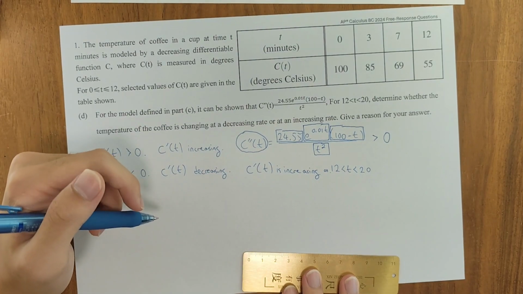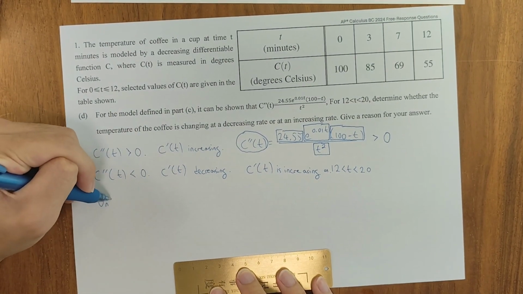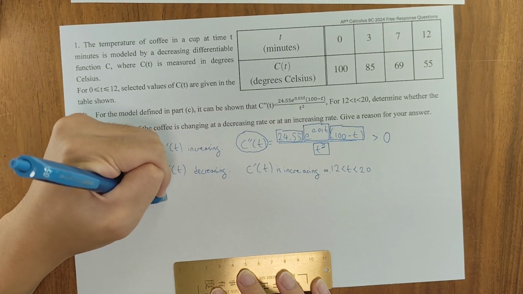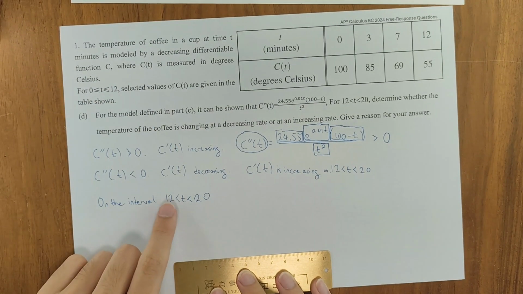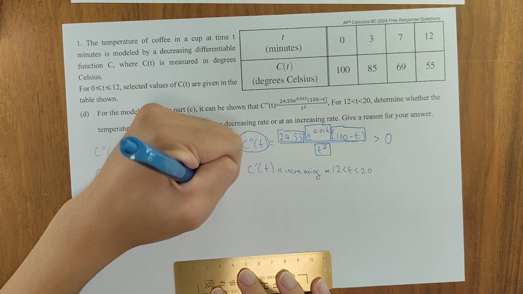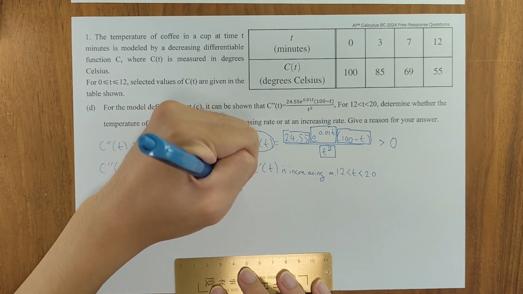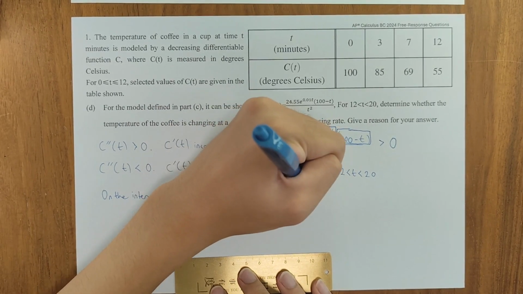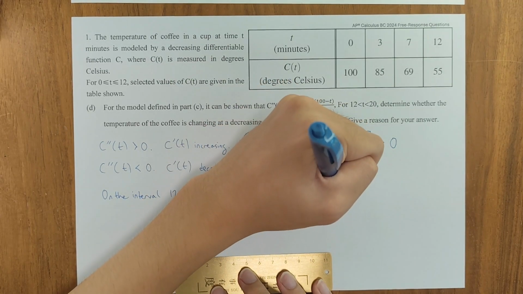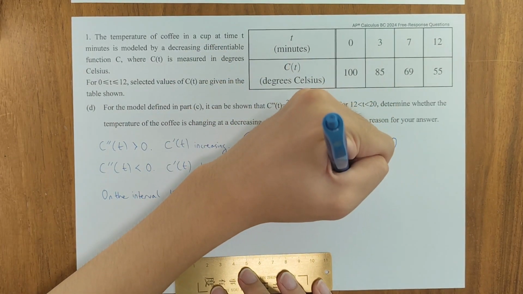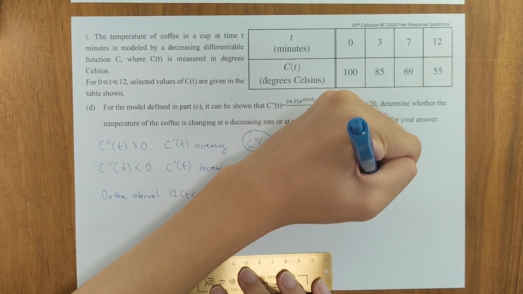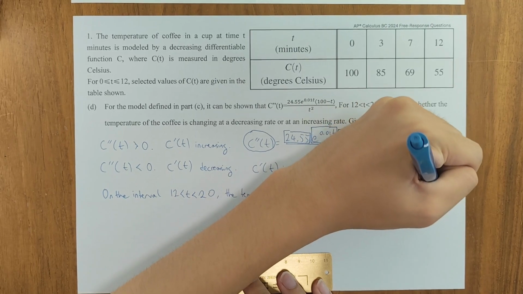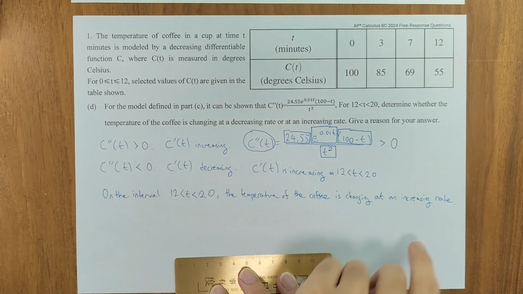So we can write: on the interval t equals 12 to t equals 20, the temperature of the coffee is changing at an increasing rate. Okay, and question 1 is done.